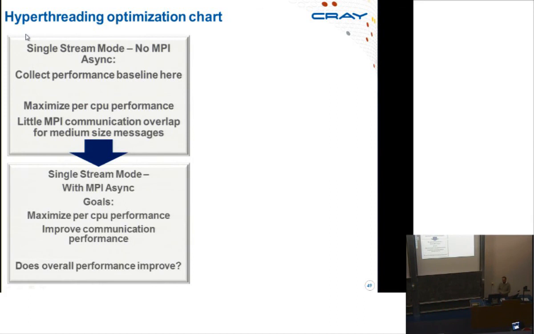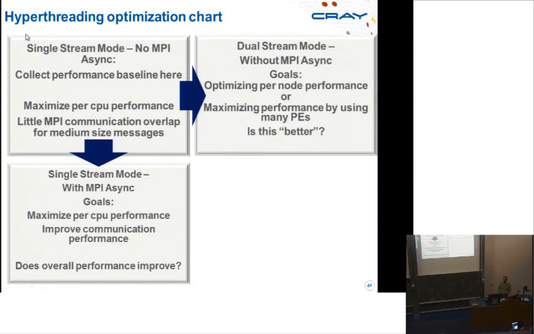Then you might try enabling the asynchronous progress engines to see if you get anything from overlap. Does the overall time improve? Yes, no, depends on your result. Alternatively, or both, you might decide to just run with twice as many ranks or twice as many threads and use -j2 mode. So effectively what you're doing is trying to make use, for your application, of the hyperthreads and see how well those perform.